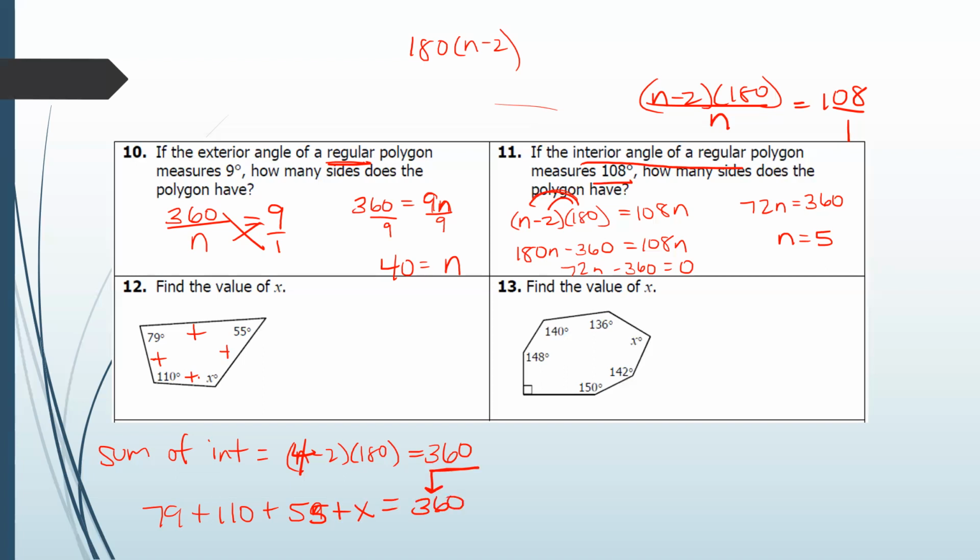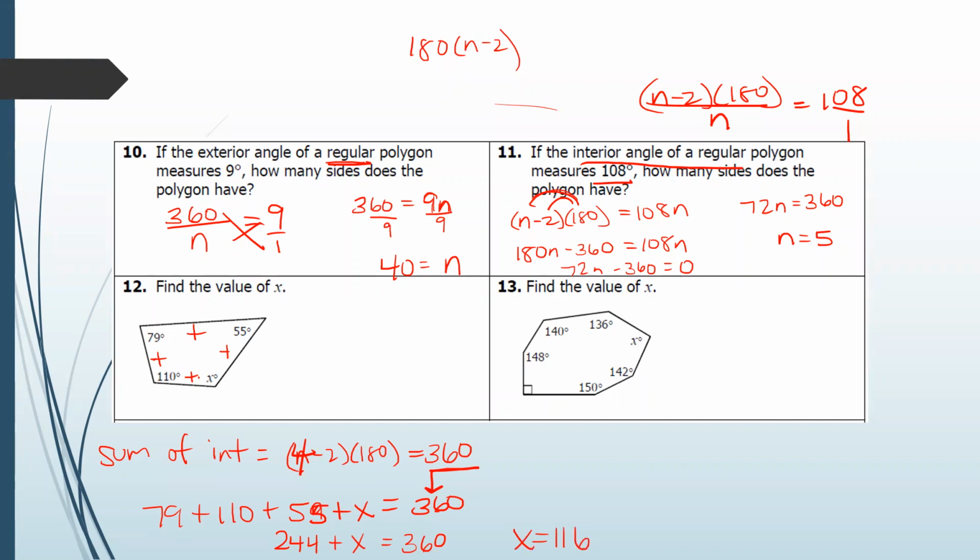Combine our like terms, 79 and 110 and 55, add those together. So when I combine those like terms, I get 244. So this becomes 244 plus x equals 360. And now I can subtract 244 from both sides. 116. All right, so x equals 116 degrees.